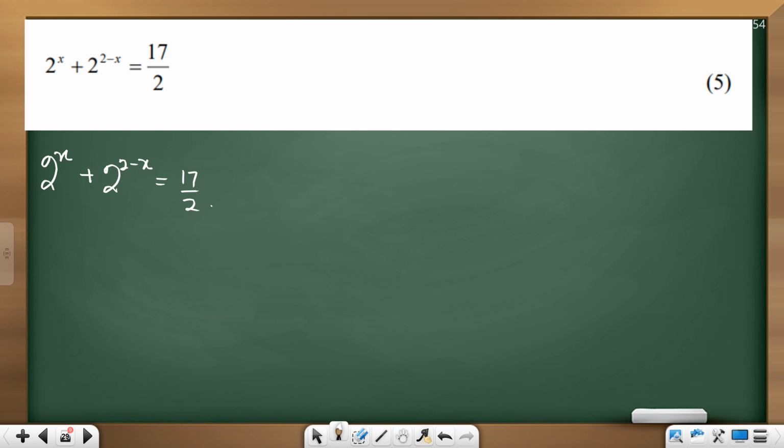Look, every time you see that exponent there, break it down. Let's see, 2 to the power x plus 2 to the power 2 times 2 to the power negative x equals 17 over 2. This is actually a very beautiful question.